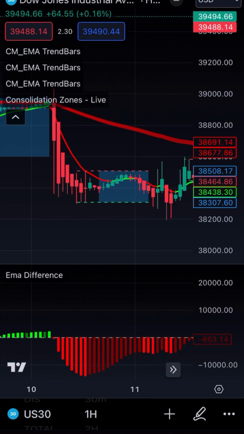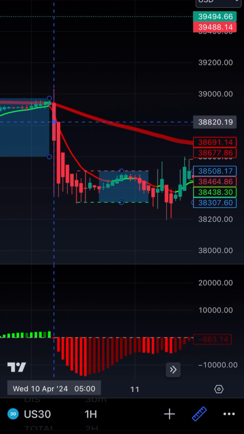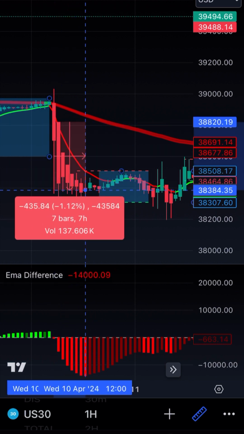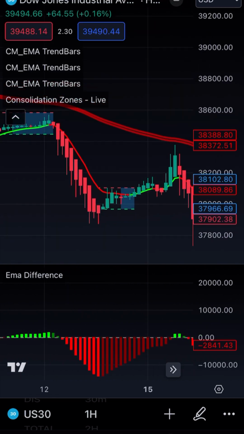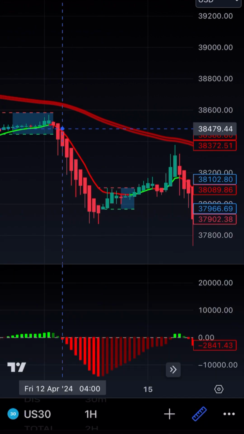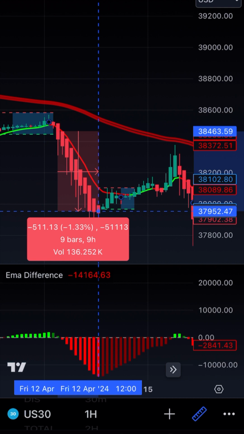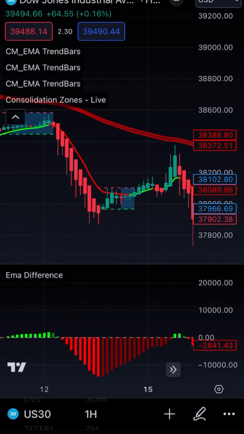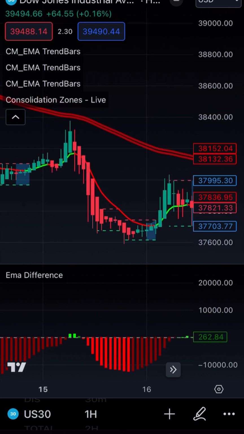And then there's a lot of consolidation. There's another moment right here. This one's about $439. This one right here. This one's about $511. And this is all with a 0.01 lot size.